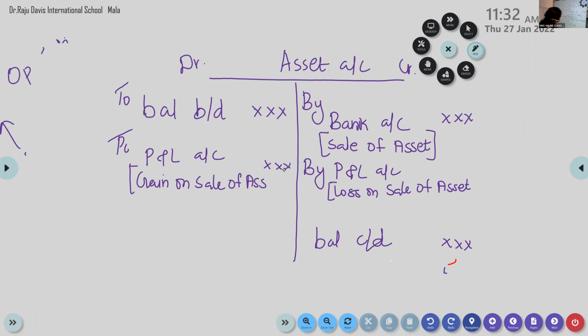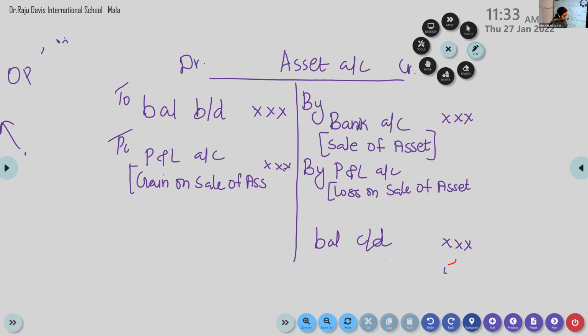Then the next item, the most important one related to assets, is depreciation. What is depreciation? Decrease in the value of an asset, a loss of value.